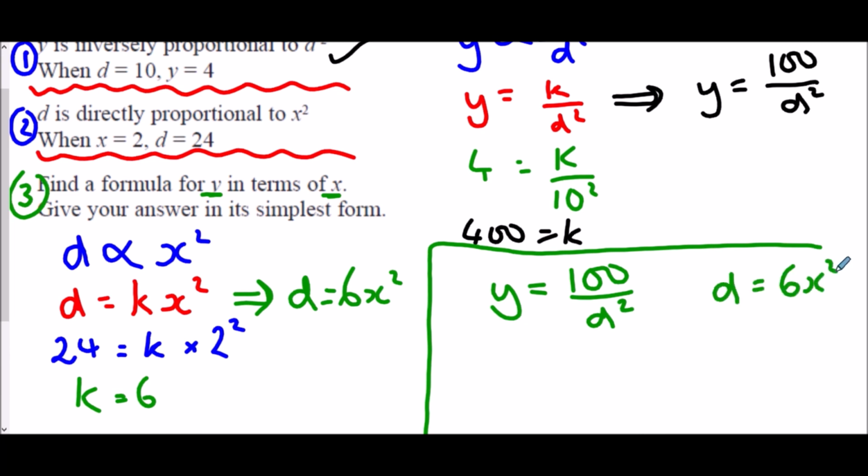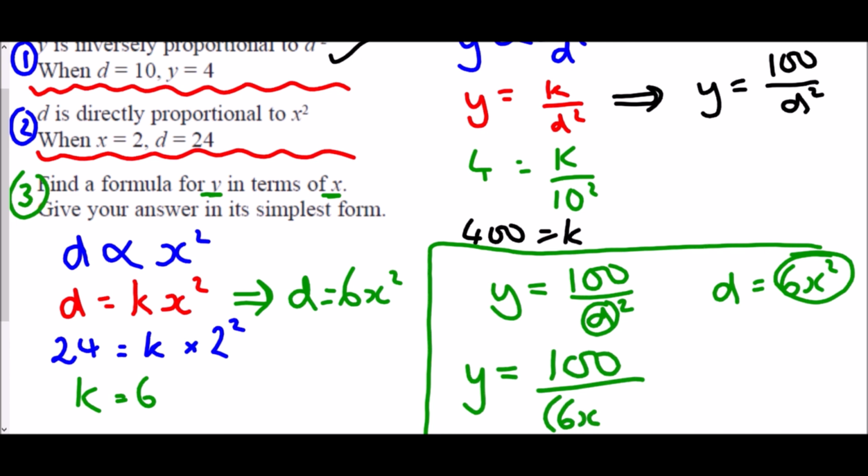So how can I show the relationship between y and x? Well, the key is that I need to replace this letter d with the expression we know it is equal to. So that means that y is 400 over 6x squared squared. Now it says give your answer in its simplest form.